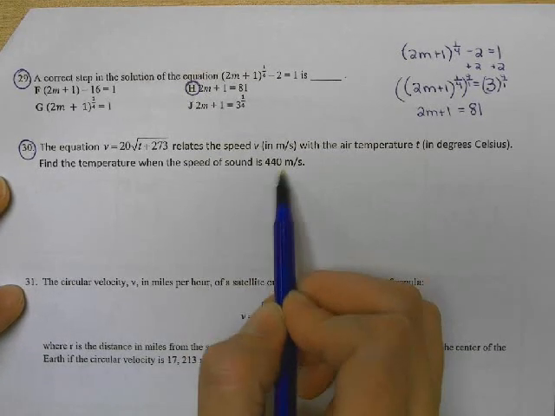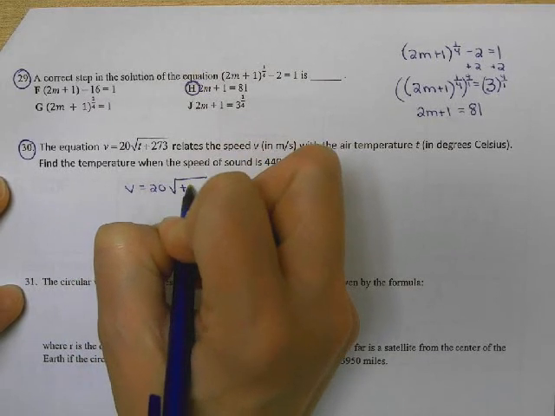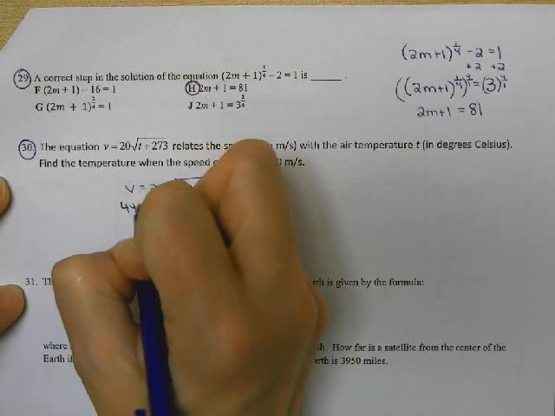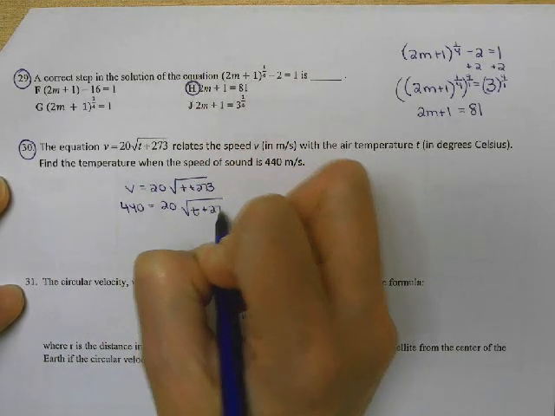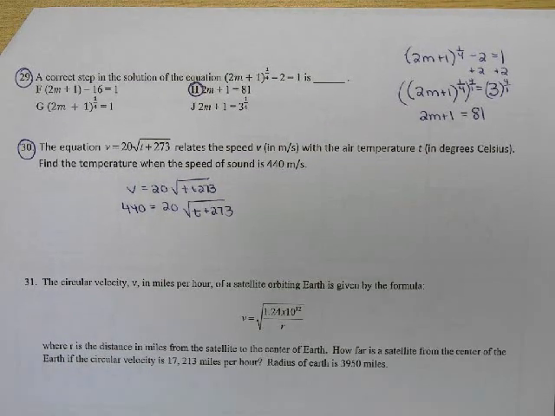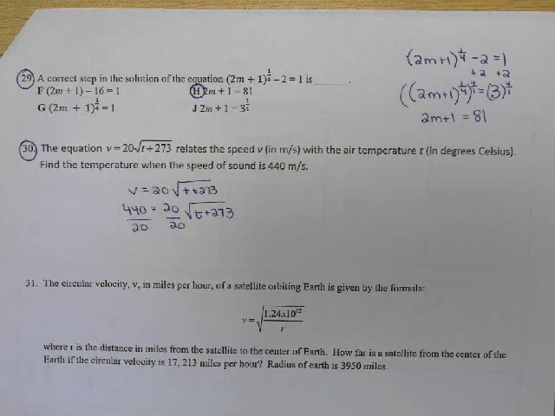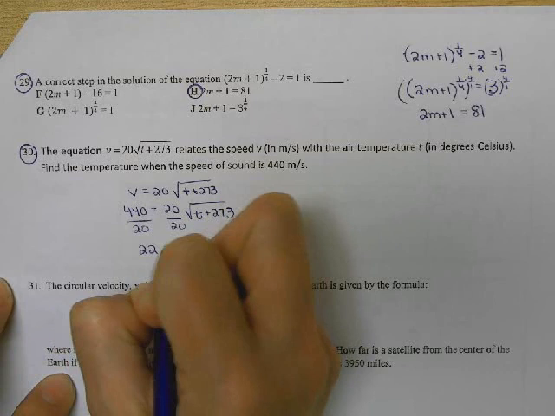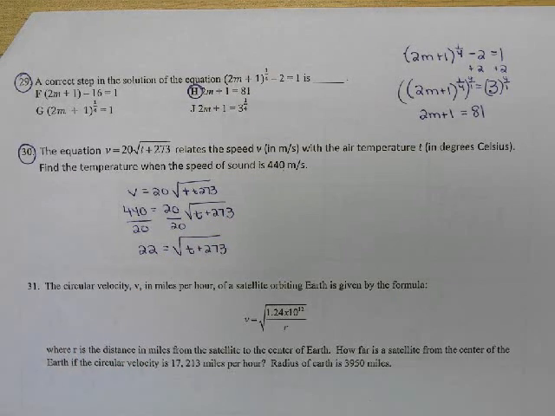Which means this is speed, so it's going to go in for V. So 440 equals 20 times the square root of T plus 273. So we're trying to find T. We're trying to find the temperature. So the first thing we're going to do is divide both sides by 20. So 22 equals the square root of T plus 273.